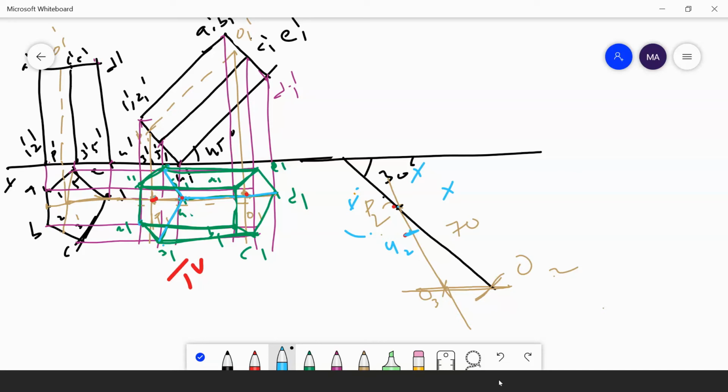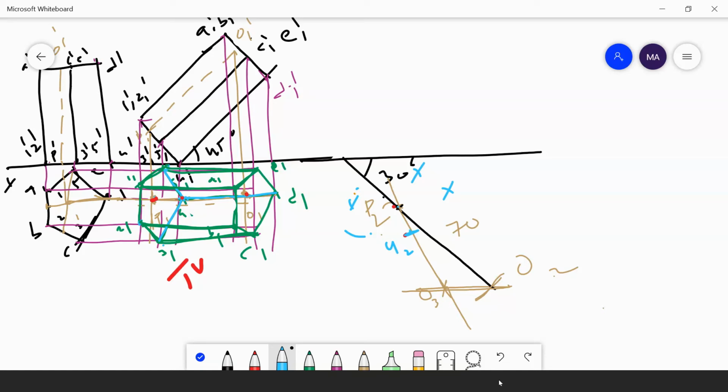Okay. Then I am joining all these points behind the scale. Then here I will get, joining all these points with the scale, I will get points 1, 2, 2, 2, 3, 2, 4, 2, 5, 2.